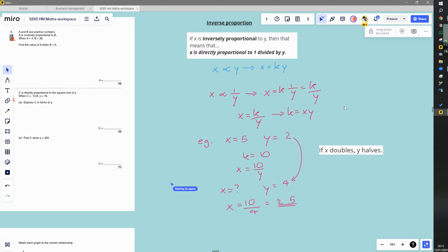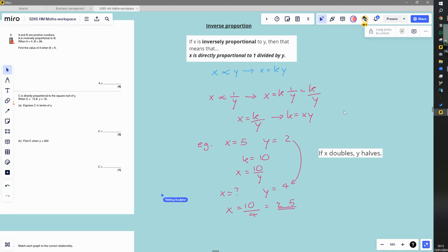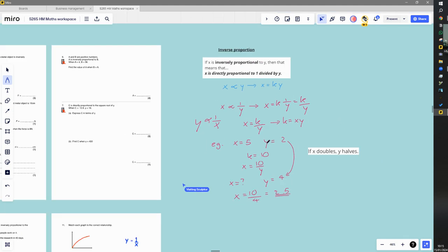So if x is inversely proportional to y, then y is also inversely proportional to x. So it would be the same the other way around. If y doubles, then x would halve, or if x doubles, then y would halve. So that's the kind of thing that we do in inverse proportion.